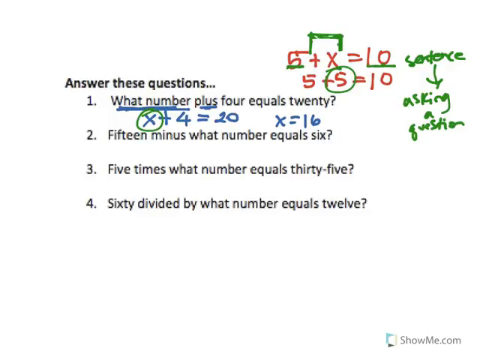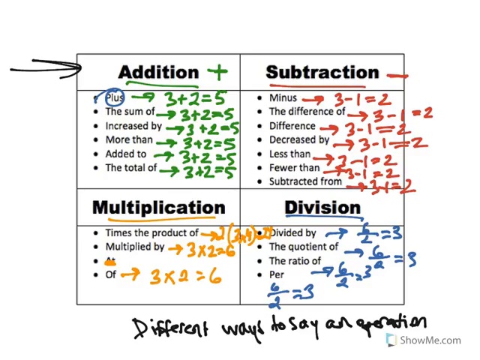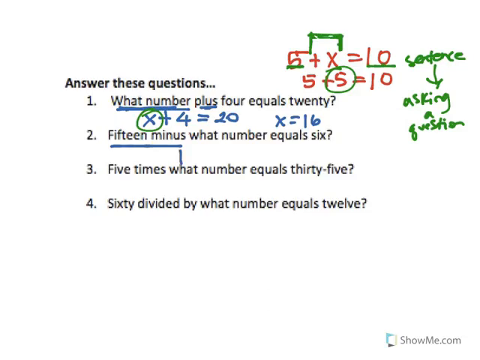Try solving this equation again using a sentence. We have 15 minus, which can be found under the subtraction. So we're going to use 15 minus what number is x equals 6. 15 minus what number gives me 6? Well, I know that 15 minus 9 equals 6, so x must equal 9.